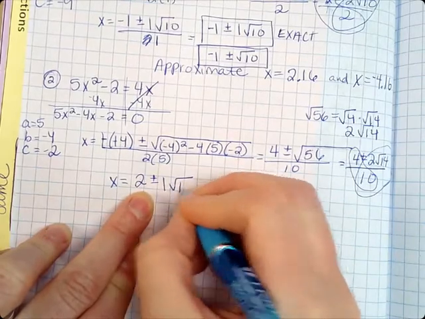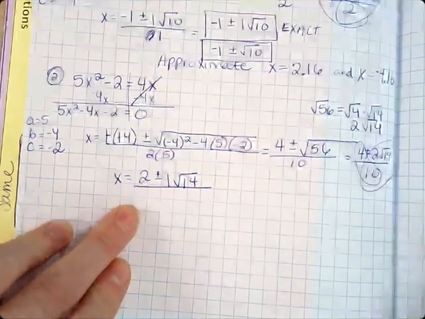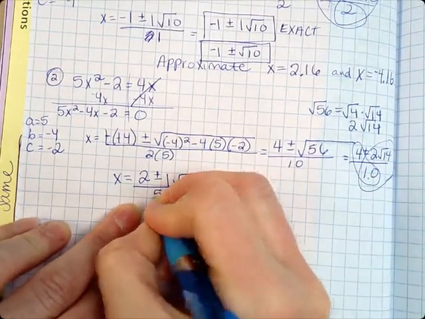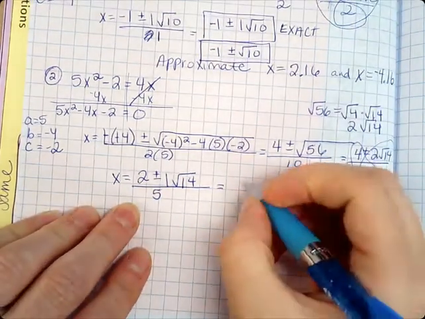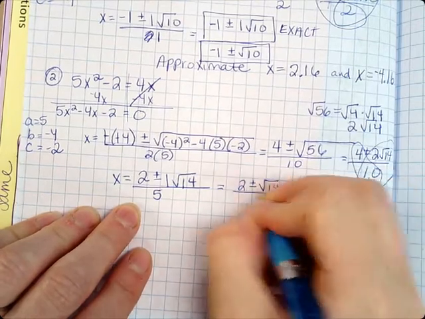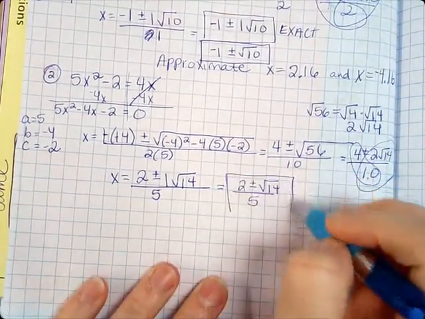And then square root of 14 stays. You don't do anything with it. And then we evenly divide the 10 also by the 2. So it'd be 5. So this could also be written as 2 plus or minus square root of 14 over 5. We don't necessarily need that. So this is our exact answer.